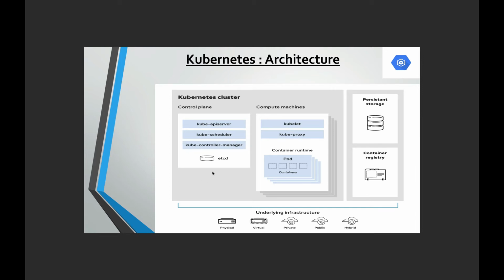Now coming to the next part, that is the etcd. All the configuration data are stored here for the cluster. It stores all the state of the cluster with the help of key value pairs, and you can say it's the ultimate source of truth for the cluster.